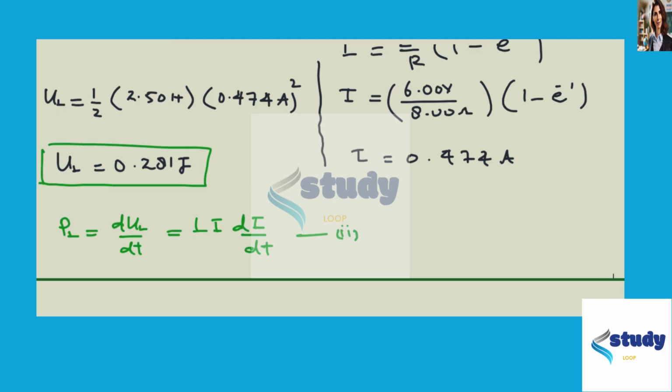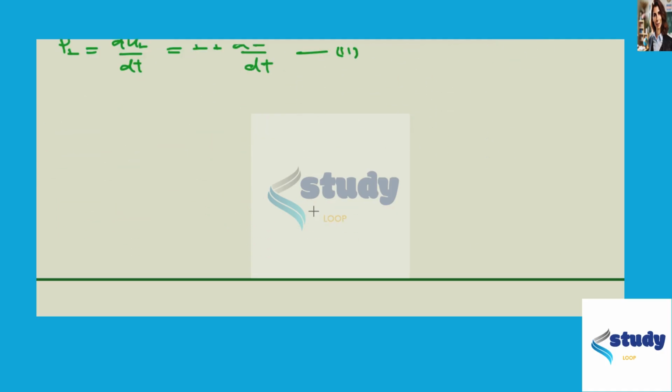Now let's take the first time derivative of the current: di divided by dt is equal to d divided by dt of E divided by R into 1 minus e raised to the power minus t divided by tau.